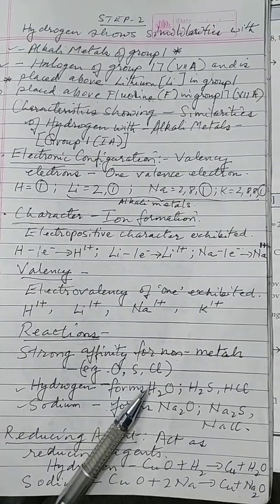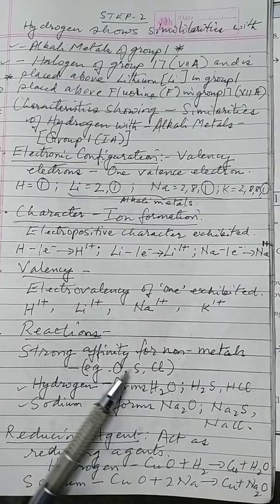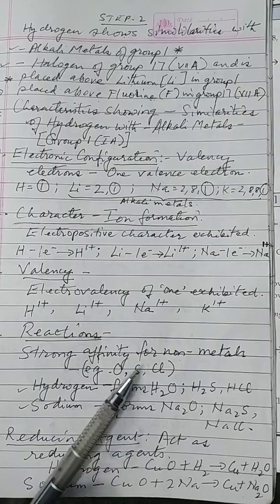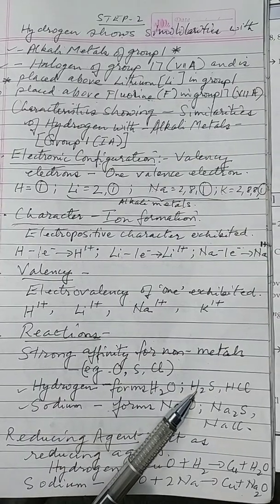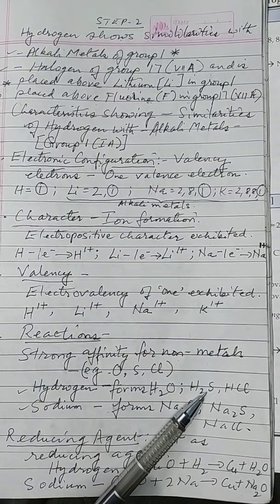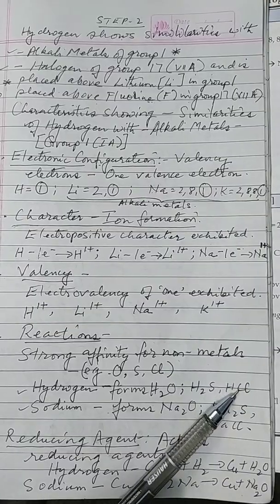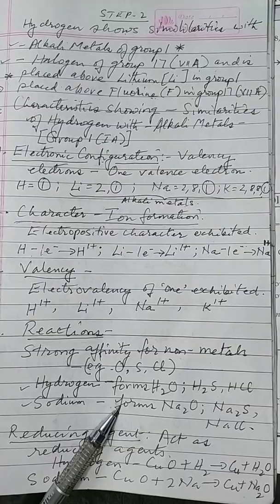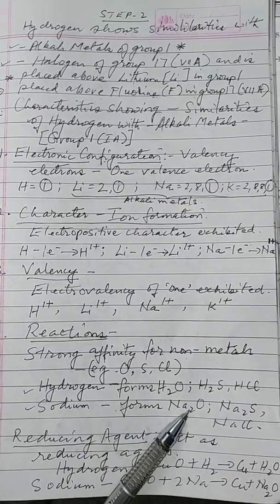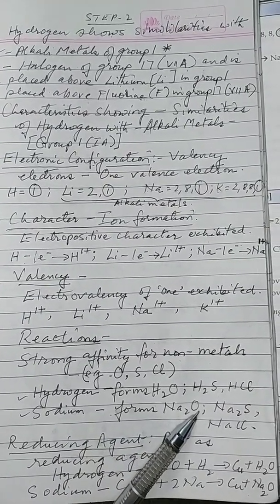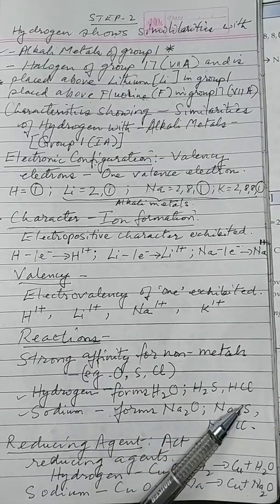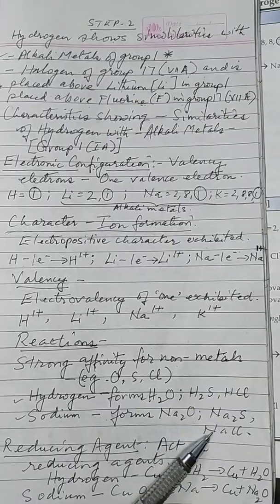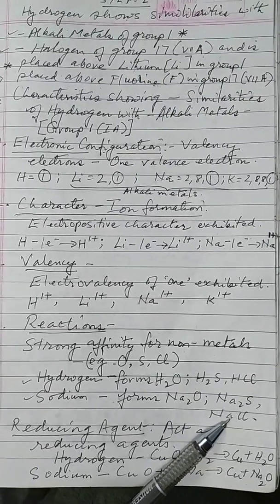For example, hydrogen forms a compound with oxygen named water, and with sulfur, hydrogen forms a compound H2S, and with chlorine it forms a compound hydrochloric acid. Likewise, we see sodium also behaves in similar fashion. Sodium forms sodium oxide with oxygen, sodium sulfide with sulfur, and sodium chloride or NaCl or salt with chlorine.